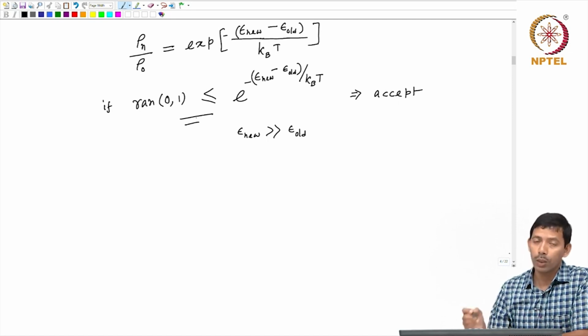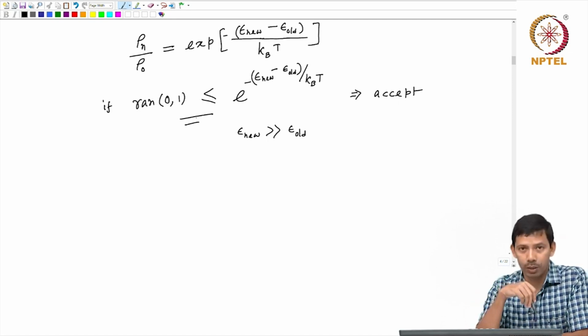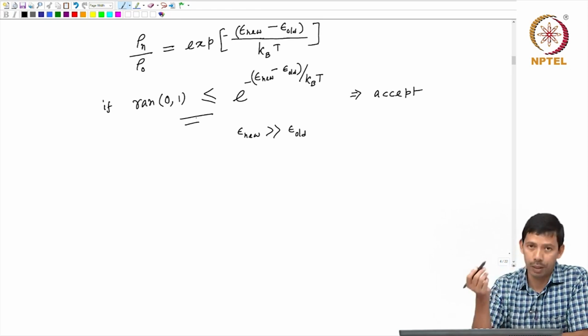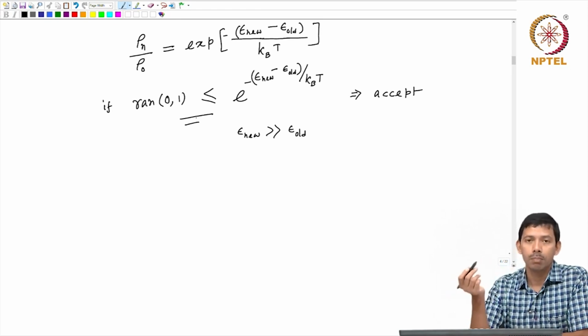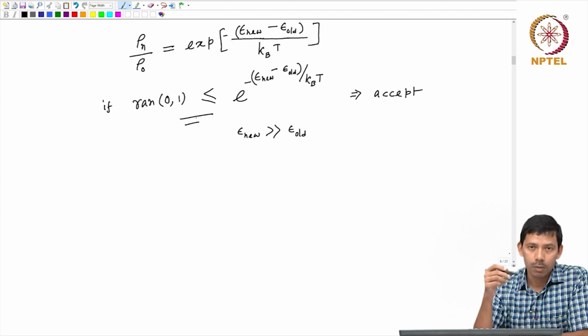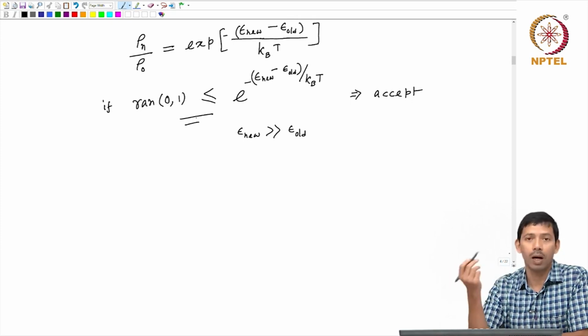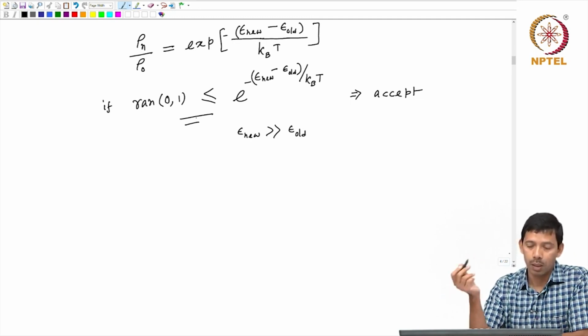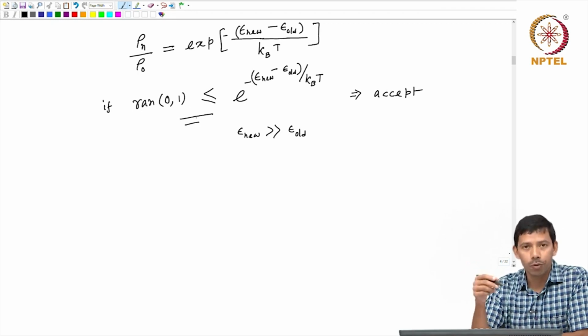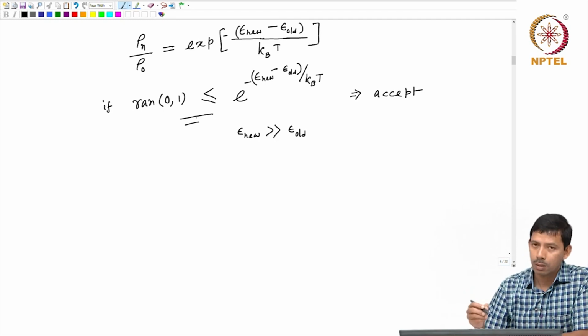So, I do not want a configuration which has a much higher energy than the previous configuration, because I do not know whether that is a good configuration or not. On the other hand, if I generate a configuration which has energy just a little more than my previous configuration, I tend to take that.